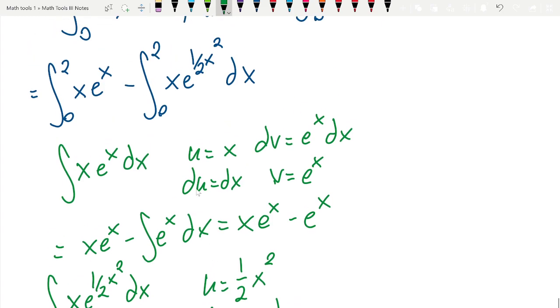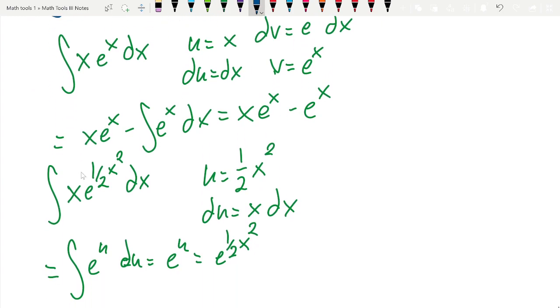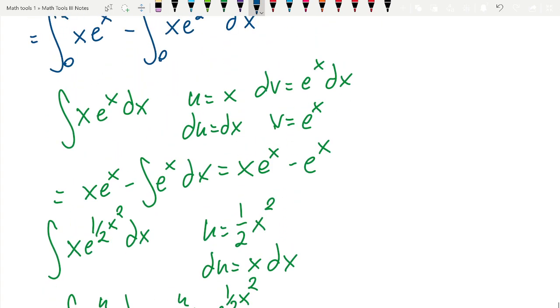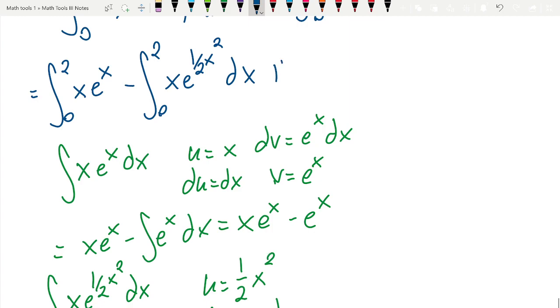So when we go ahead and think of it in terms of this integral here, and we plug in the bounds and everything, we're going to have 0 to 2 of this part, and then 0 to 2 of this part. Okay. So let's call this, just so we have a link here, let's call this 1.